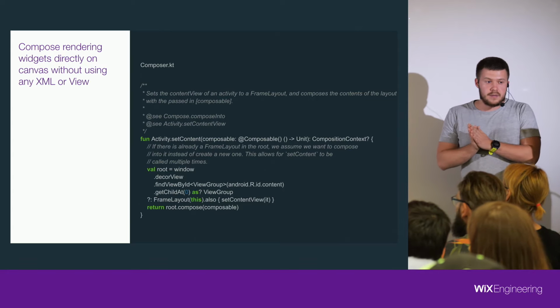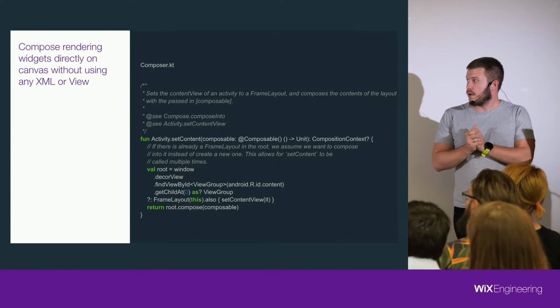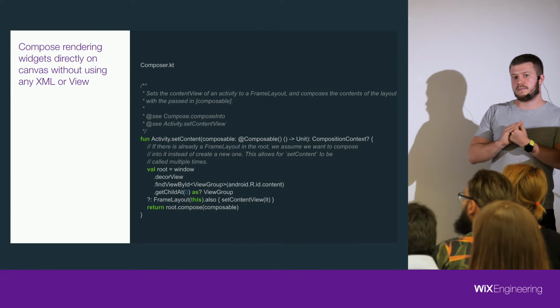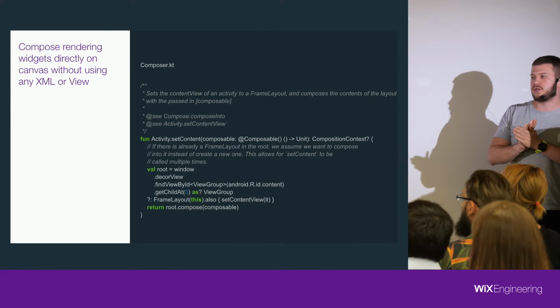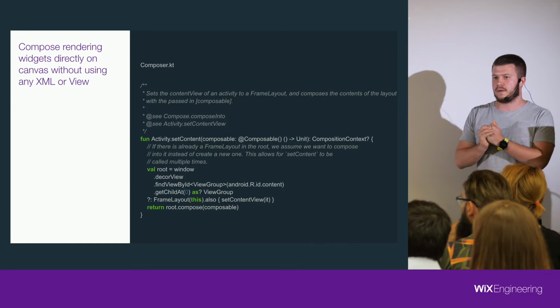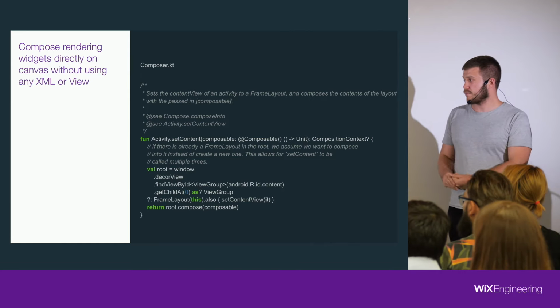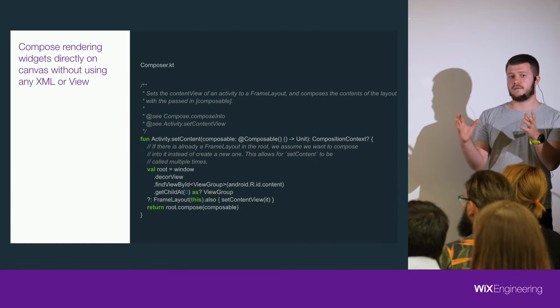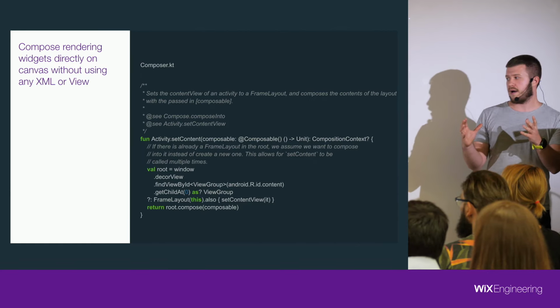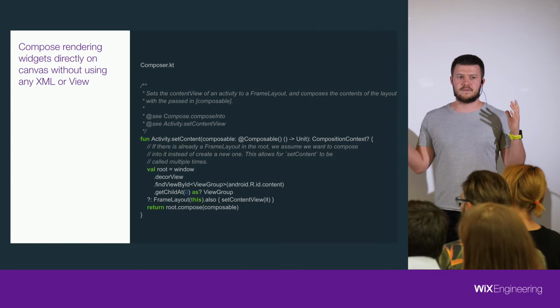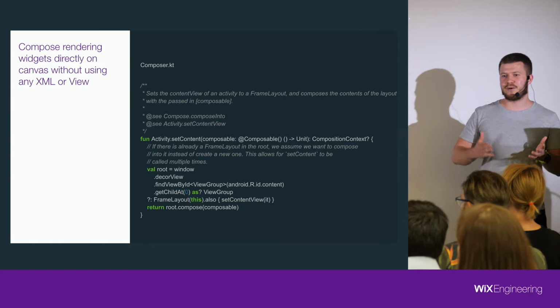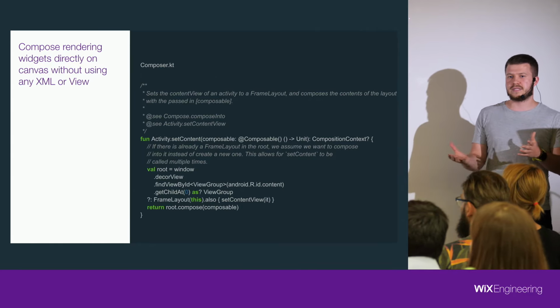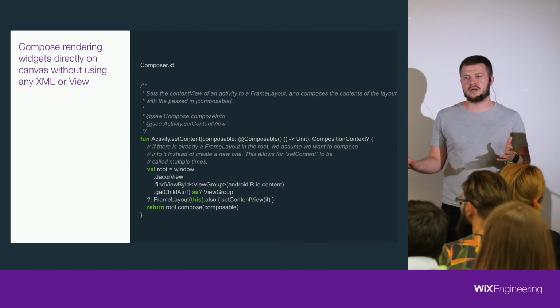If you're talking about rendering, it's actually very simple, but it will change. I think they told something about it. What they do is give you a tree of composable functions and put it in a frame layout. If you know Android, it's a very simple existing widget.